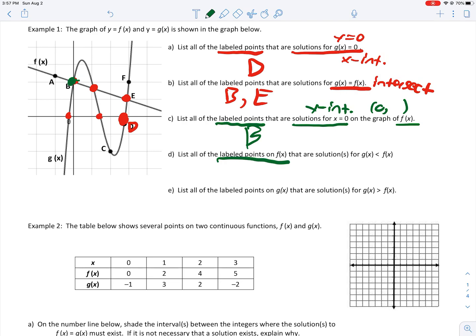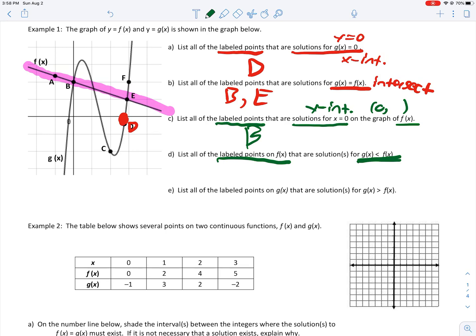Okay, D and E are a little bit more challenging, so we're going to read these a couple times. All the labeled points on f of x, so looking just at f of x. There are possible 3 answers, either A, B, or E. So looking at the labeled points on f of x that are solutions to where g of x is less than f of x, at any one of those 3 points is the curve below the line?